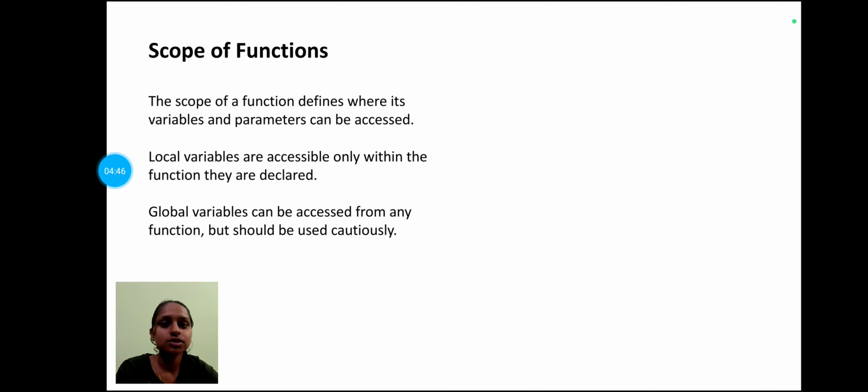Scope of function. The scope of a function defines where its variables and parameters can be accessed. Local variables are accessible only within the function in which they are declared. Considering a small function, a module, the parameters mentioned in it can be accessed only within that function.